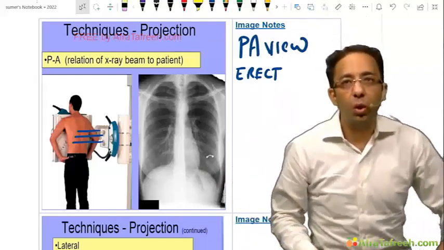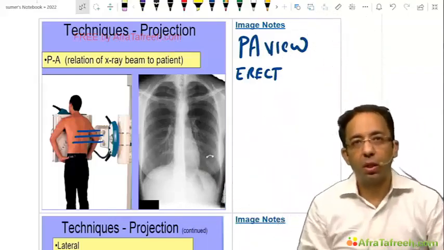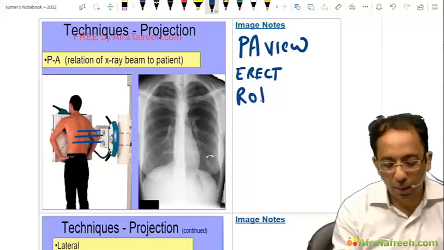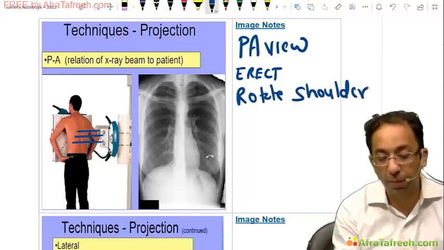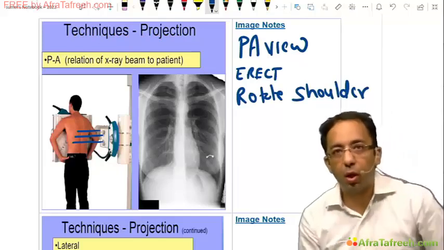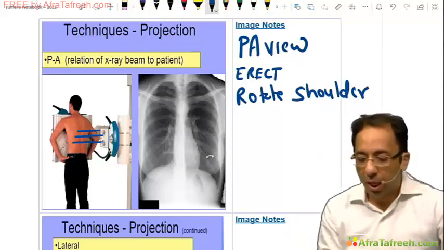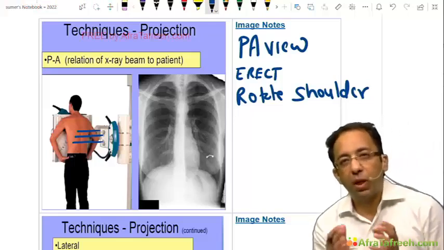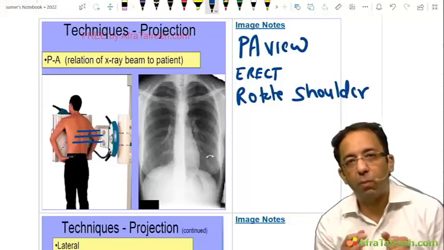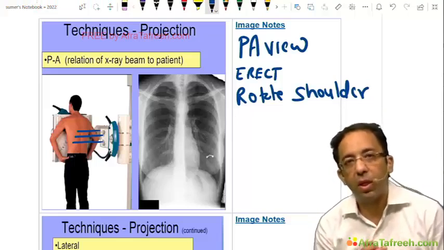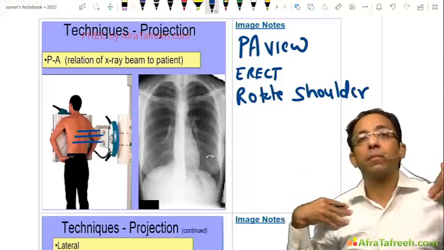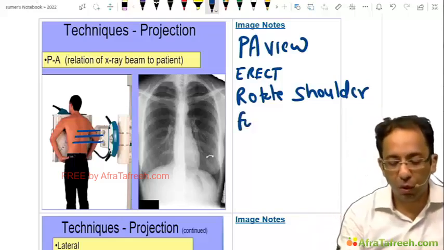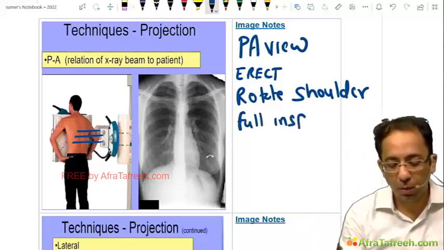He is trying to rotate the shoulders so that the scapula is removed from the X-ray film. And the third, I'm sure some of you might have gotten your chest X-ray done during a medical examination. They will say, take a deep breath, hold it, full inspiration.